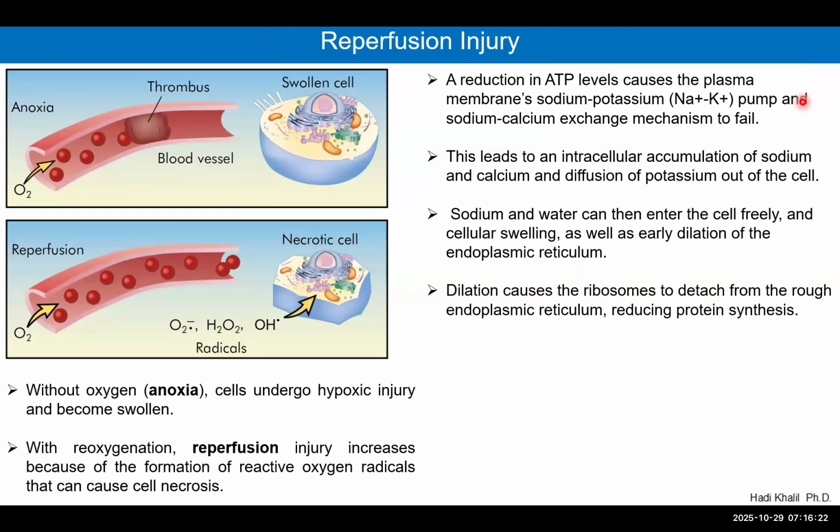So with that, we come back to this slide again. I hope now you have a very good picture of what has happened in terms of loss of oxygen that causes an effect on the cell because there is less ATP, and therefore a change in the calcium levels, and those calcium levels cause the water to rush in, and water rushing in causes dilation. Dilation causes mitochondria to change in structure, the endoplasmic reticulum to change in structure, the detachment of the ribosomes, and the loss of the translation of the proteins.